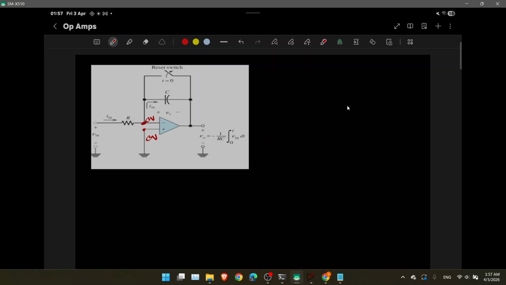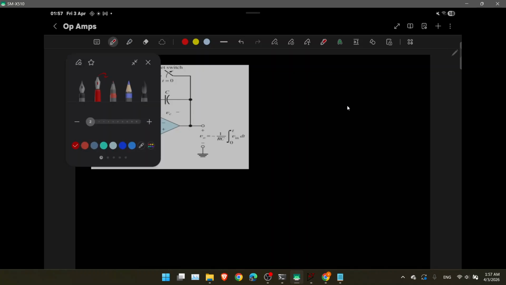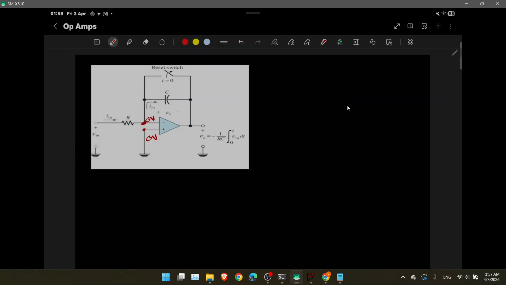And you will know that in the ideal operational amplifier, the input current towards the op-amp is 0. That means no current flows in towards the op-amp.